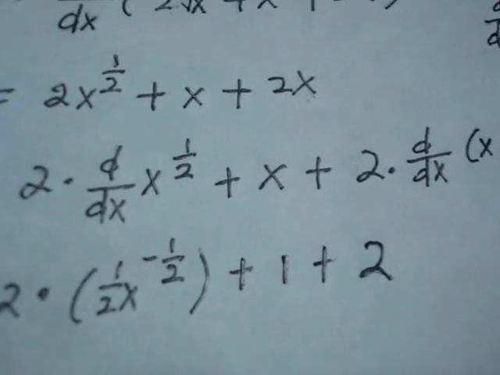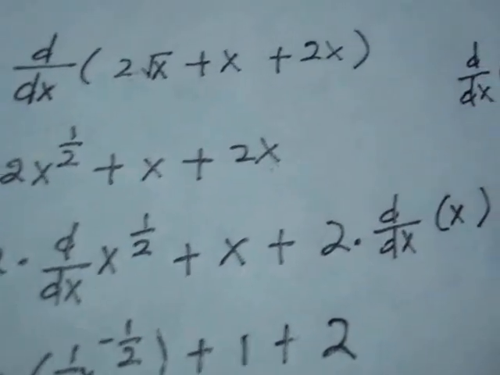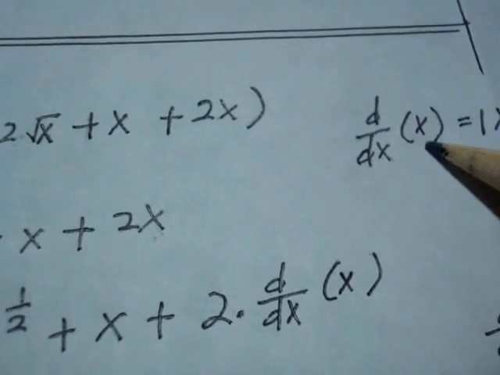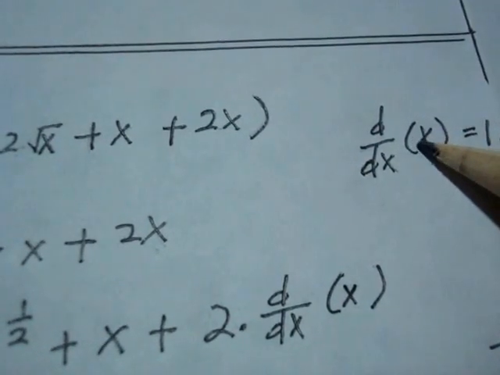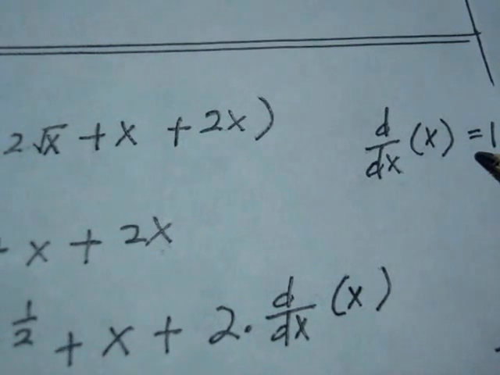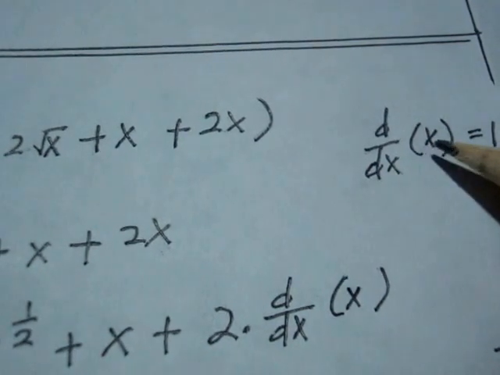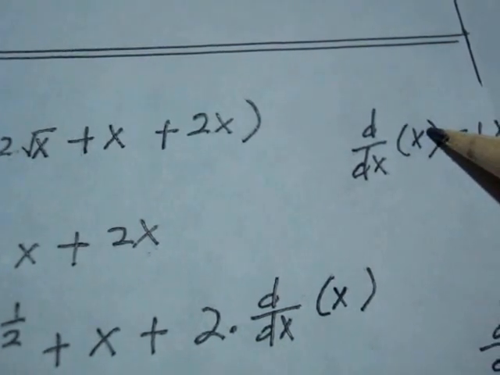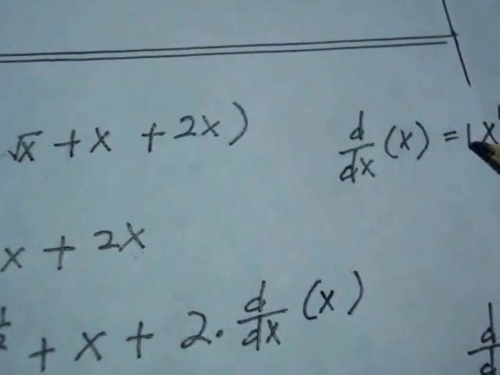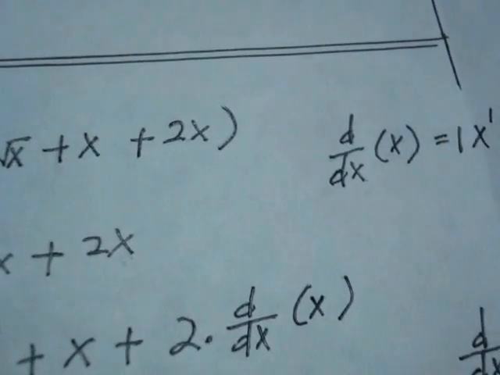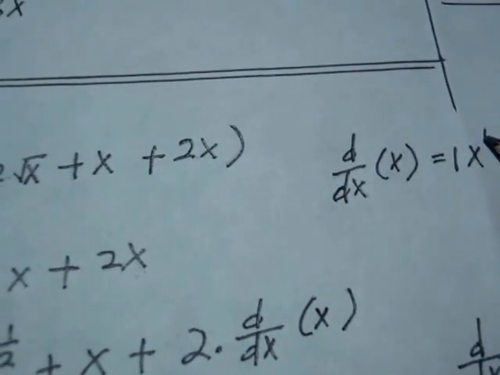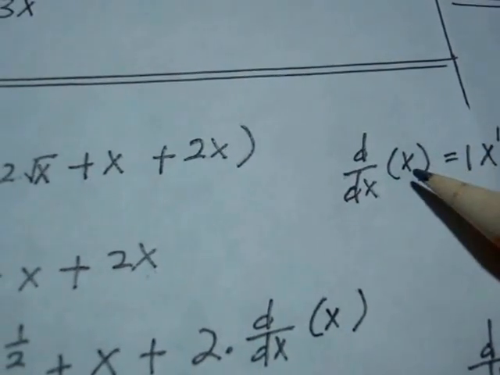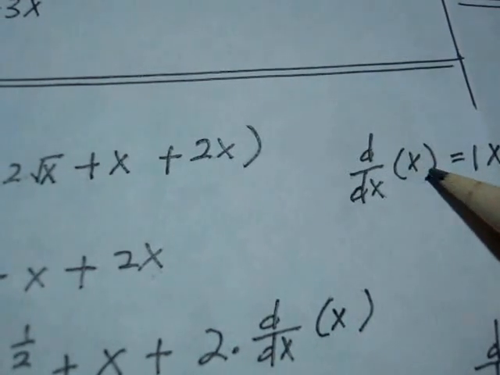How do you get 1? You do it like this, taking a derivative of x. The number in front of the x is 1, but we normally don't write it. And as for the exponent, it's also 1. But normally we don't write the 1 and the 1 like that, we just assume that it's there already.